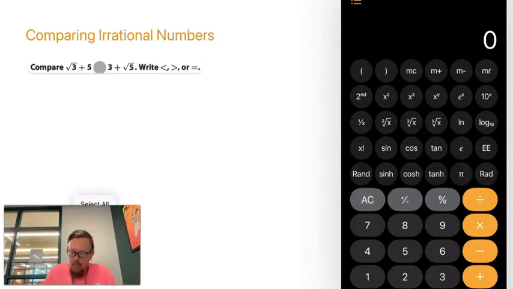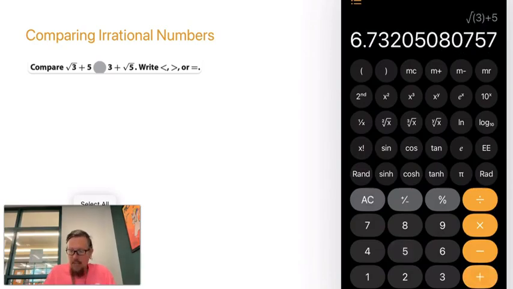Okay, so let's take the square root of 3 plus 5 and get a decimal for that, which is let's call it 6.73. I don't know if I'll need more than 2 places after the decimal yet, but let's start there, 6.73. And then I'm going to do the other side, 3 plus the square root of 5.